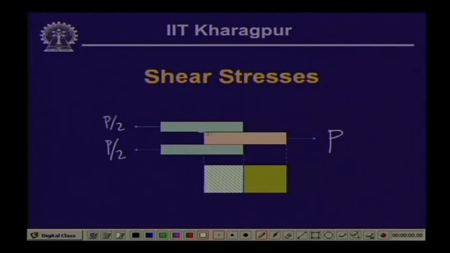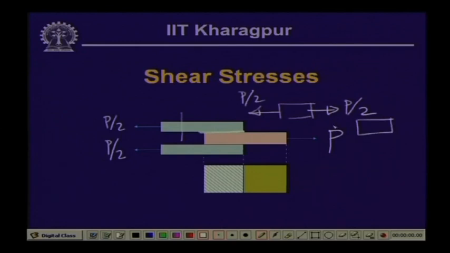At this level, if we take the free body of this part, if I cut here, then this particular body will have P by 2, and this also is going to be resistive as P by 2. So, at this particular section, this is P by 2, this resistive is going to be P by 2.